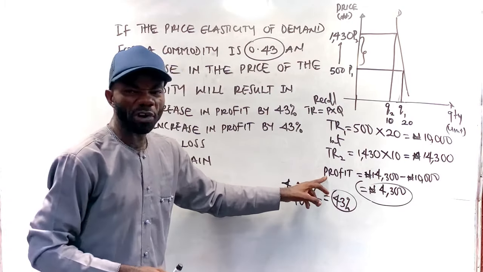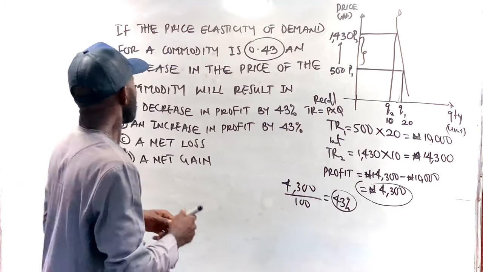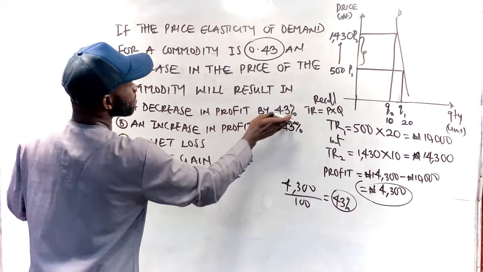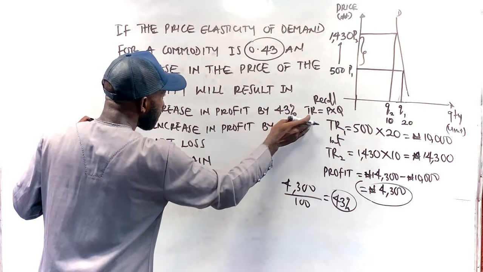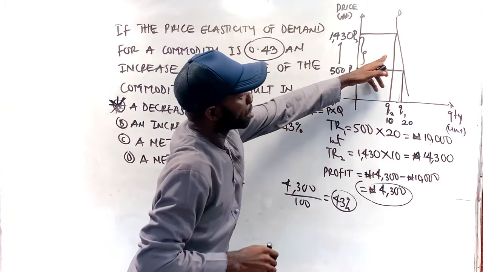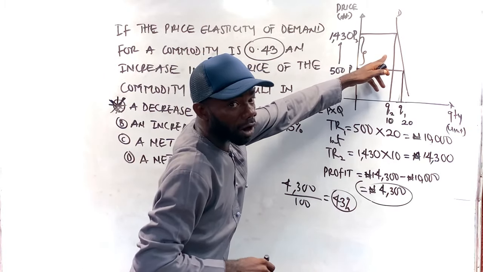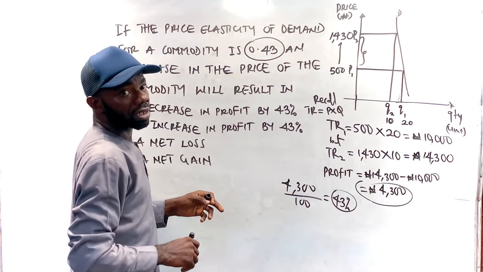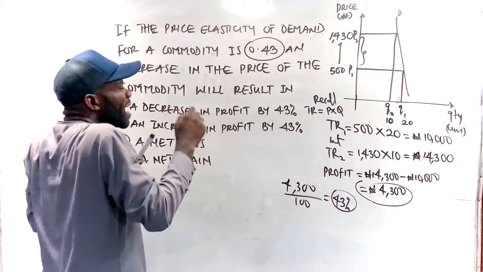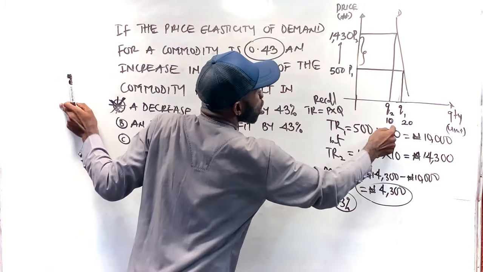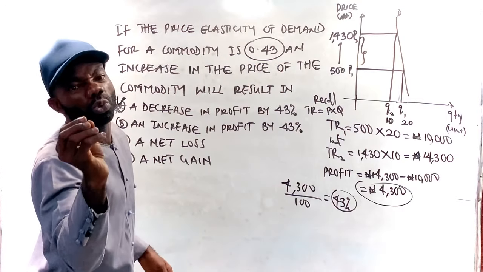He's making a profit, not a loss. So option A cannot be your answer. It's not a decrease in profit by 43%. No. Because the nature of the commodity is relatively inelastic or fairly inelastic or inelastic. What do we mean? When there's an increase in price, the consumers will run, but just a few.